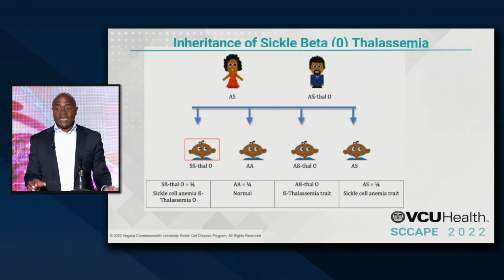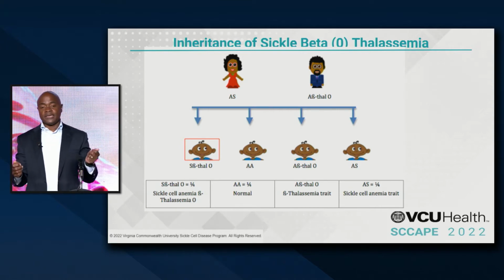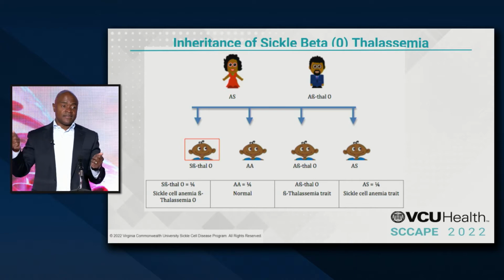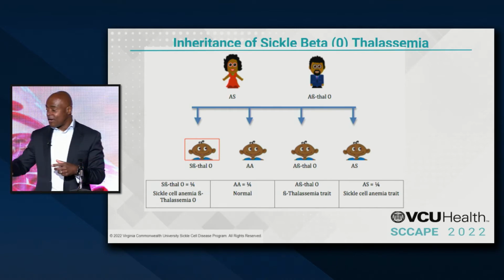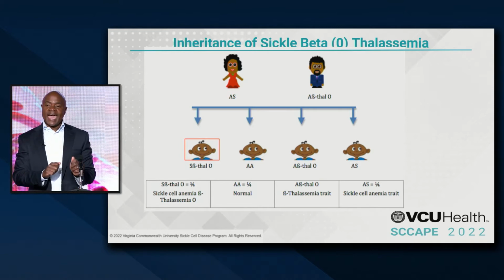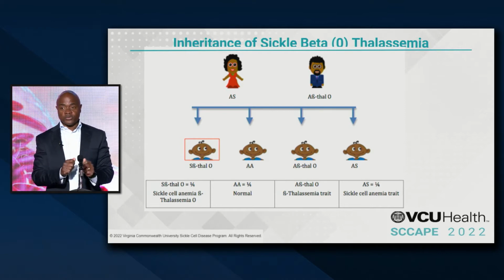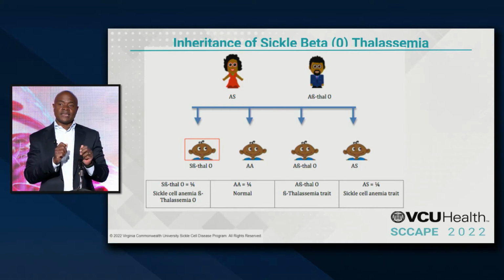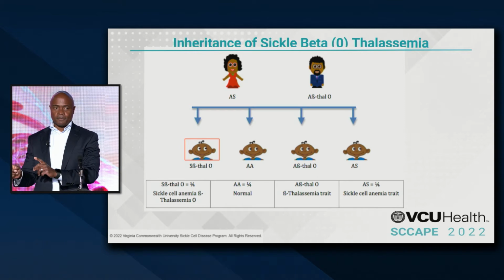And then, if you have two individuals, one has a sickle cell trait, one has the thalassemia trait, but it happens to be the kind of thalassemia that leads to more of those beta chains missing, when they have children, then there's a chance that one of those children will get sickle beta 0 thalassemia.